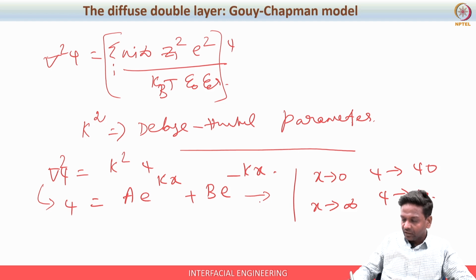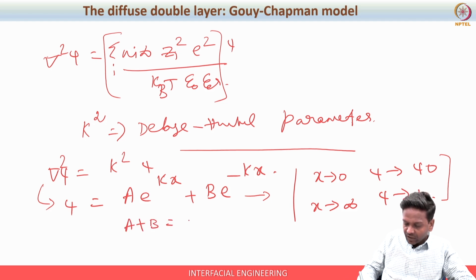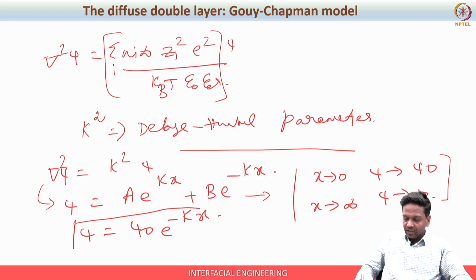Substituting the two boundary conditions, in the first instance you will get a plus b equal to psi naught. In the second, you will get a equal to 0, so b will be psi naught. So if you use these two boundary conditions, you will get psi as psi naught e power minus kx. This is our equation.